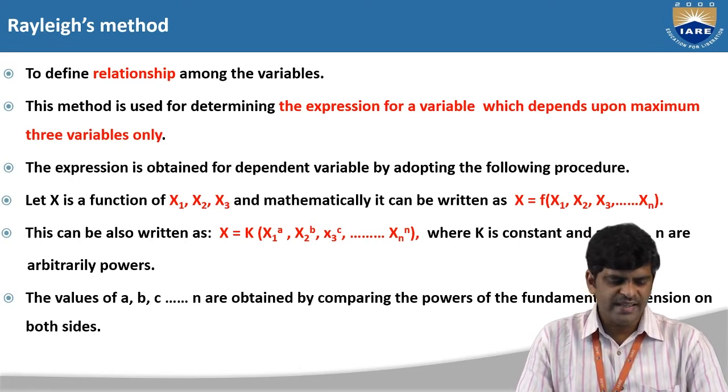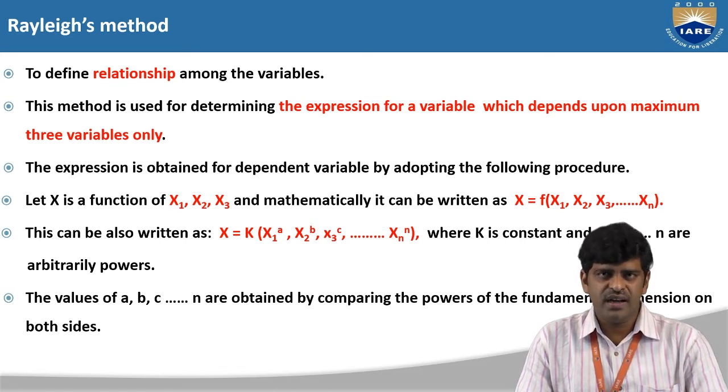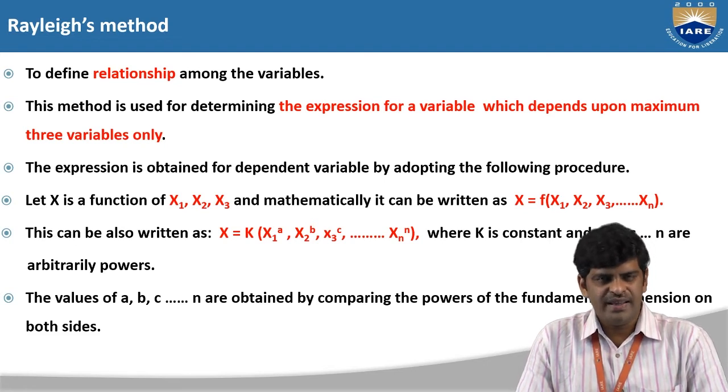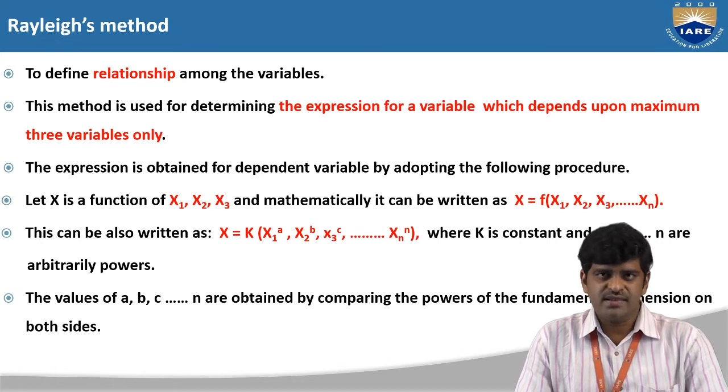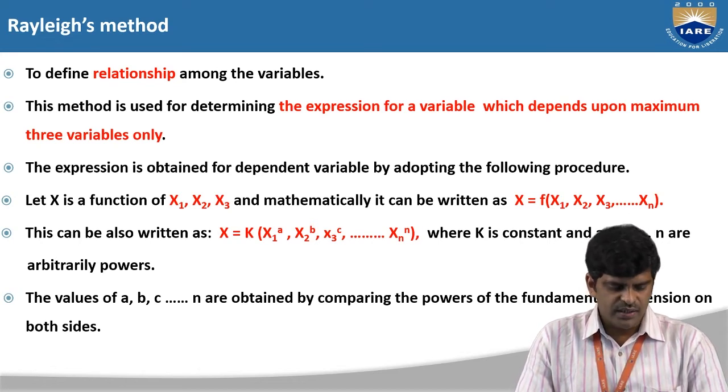Now, coming to the Rayleigh's method, the basic idea of this method is to define the relationship between the given number of variables. Here the variables may be a combination of derived and fundamental quantities. So what does it state?